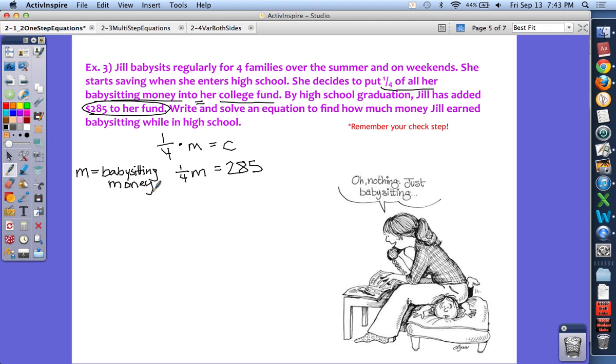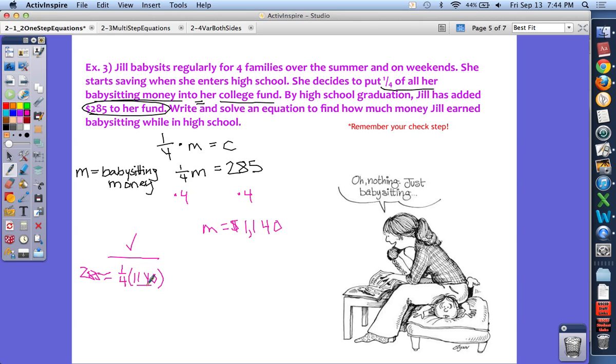Now to solve this equation, we can multiply by 4 on both sides, and we're left with M is equal to 1,140. Last step then, show me a check step. 1/4 of 1,140. Does that equal 285?